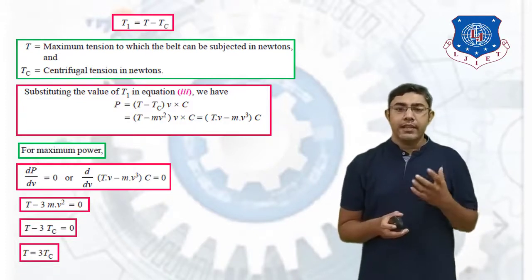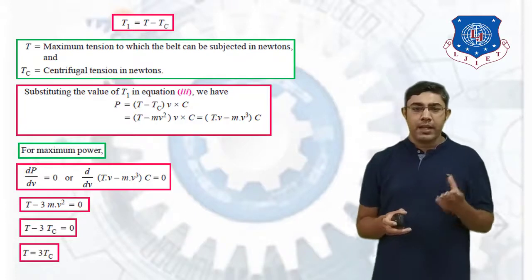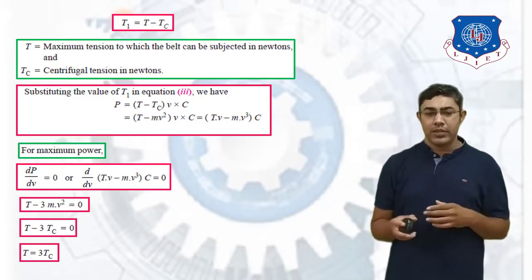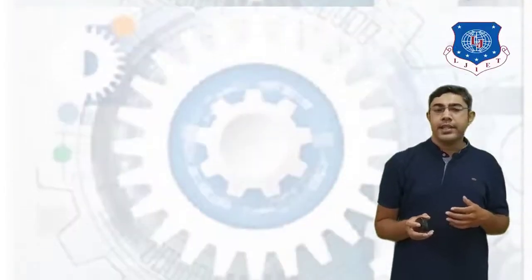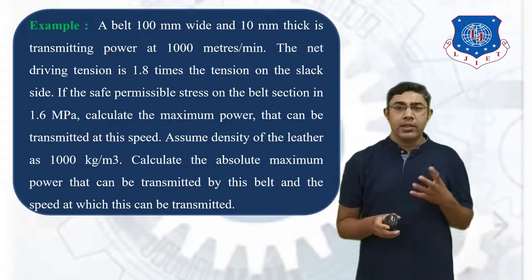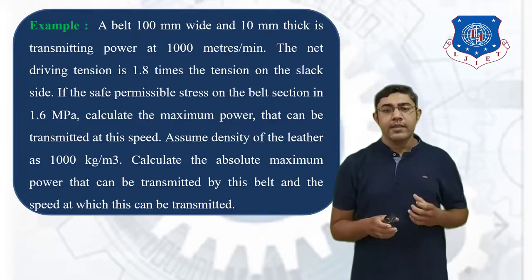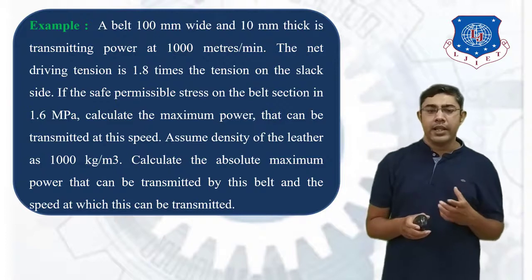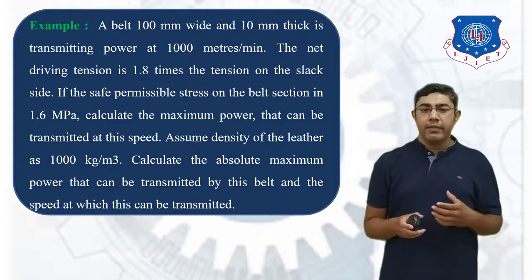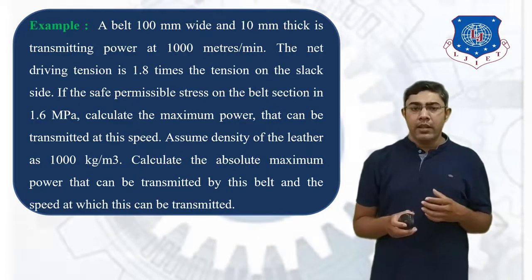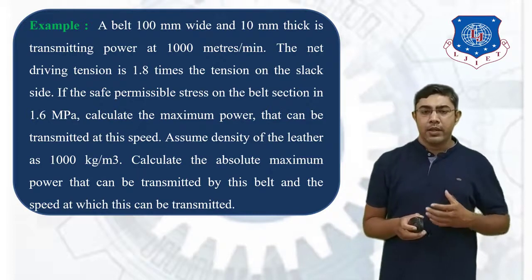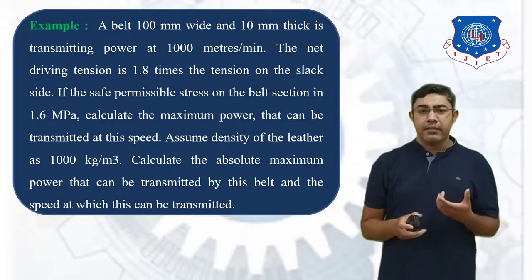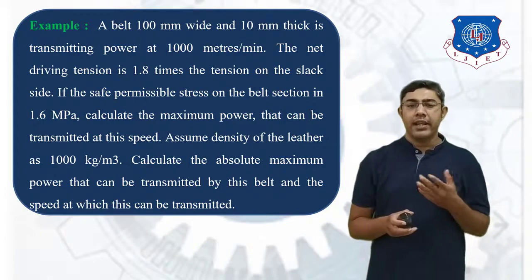You can also derive the condition in terms of velocity by using the equation T minus 3 m v square is equal to 0. Now consider one example based on the maximum power transmission. A belt 100 mm wide and 10 mm thick is transmitting power at 1000 meters per minute. Here the cross section of the belt is given, that is 100 mm wide and 10 mm thick.